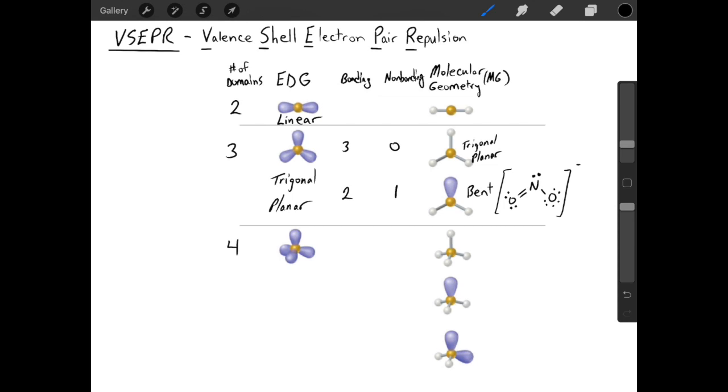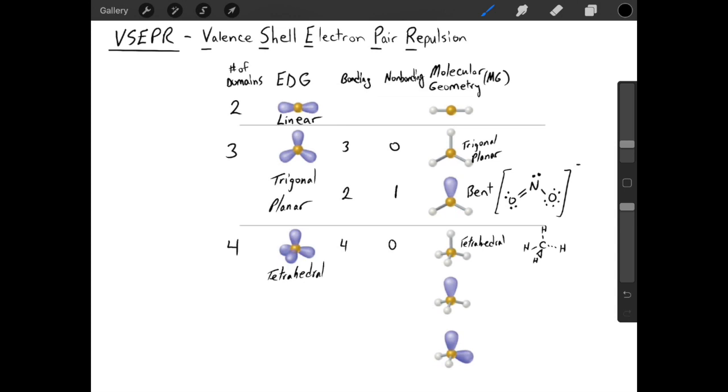When you move to 4 electron domains, you have a tetrahedral electron domain geometry. And you can have, again, a number of different molecular geometries. If you have 4 bonds and 0 non-bonding pairs, 0 lone pairs, you end up with a molecular geometry that's exactly the same as the electron domain geometry, tetrahedral. And this would be something like methane, CH4.